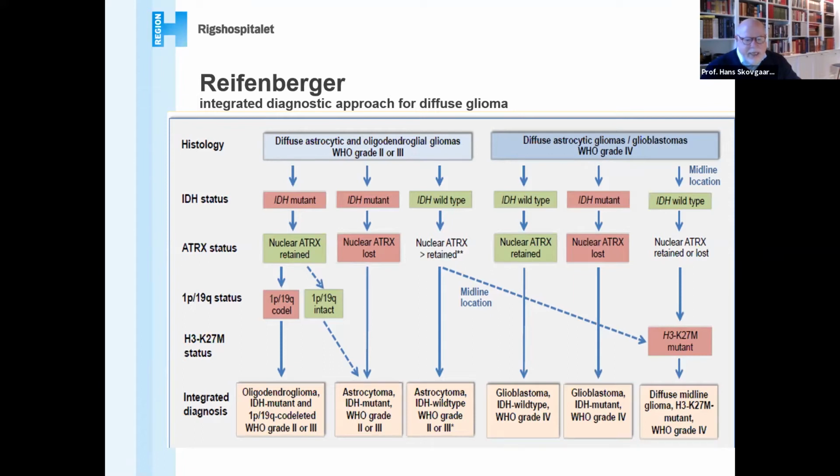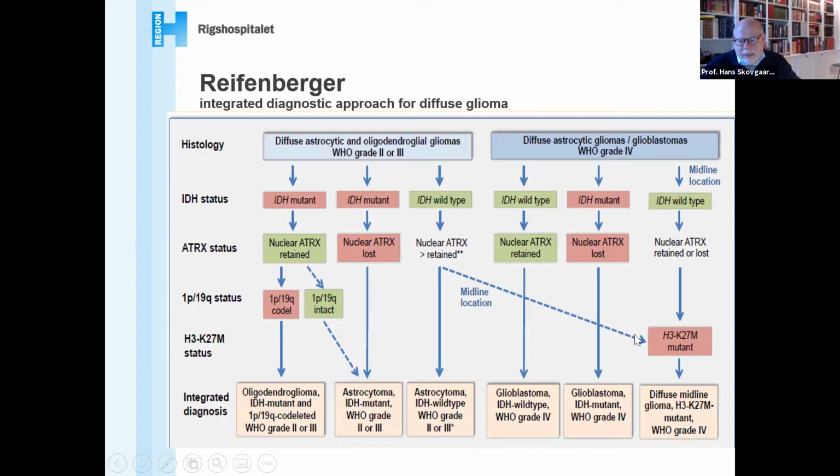I know that that is not possible everywhere, and the WHO classification also has alternatives if you don't have these skills there. But it all ends up that you have oligodendroglioma, astrocytomas, grade 2 and 3, glioblastoma wild type, which is the normal one, and then the IDH mutation.